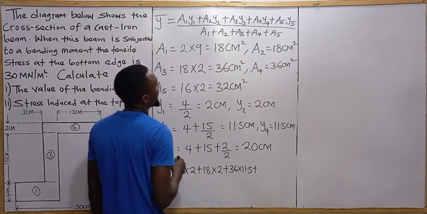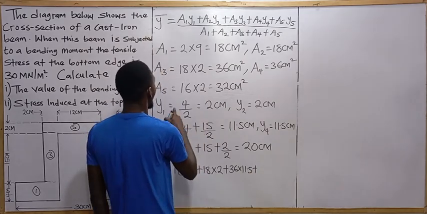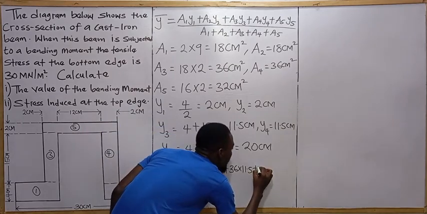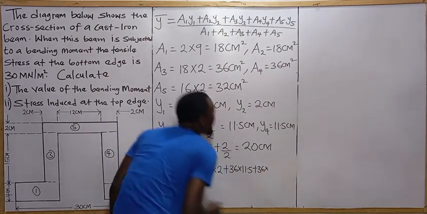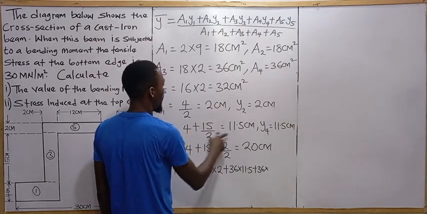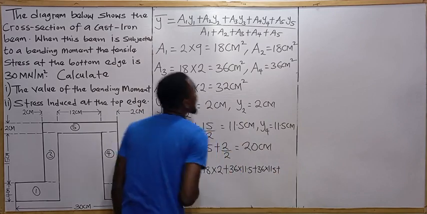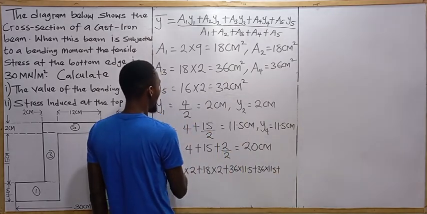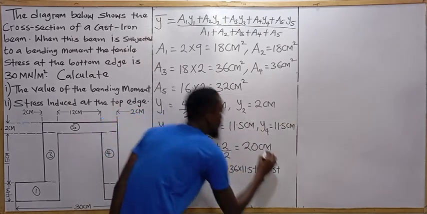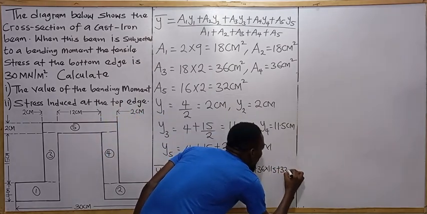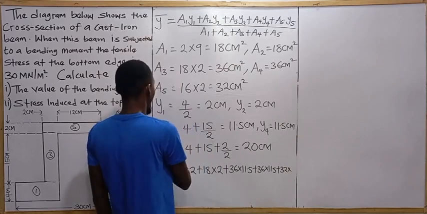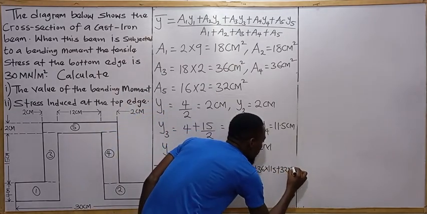Plus a4. a4 is 36, multiplied by y4. y4 is 11.5. Plus a5. a5 is 32, multiplied by y5, that is 20.